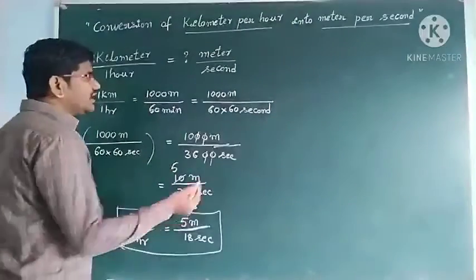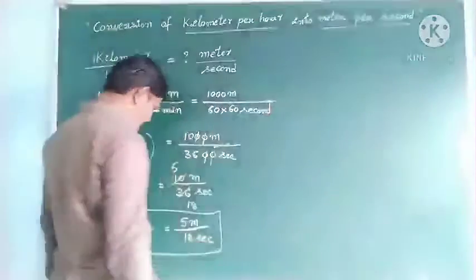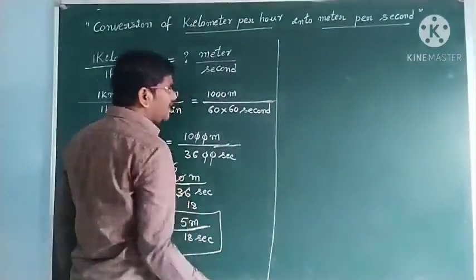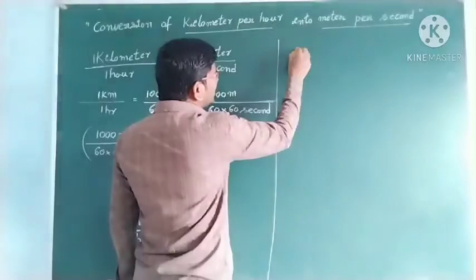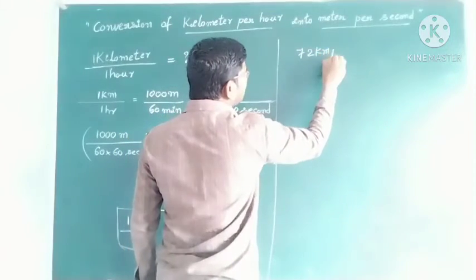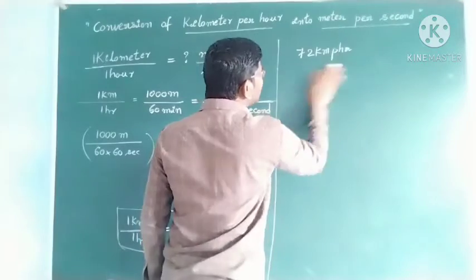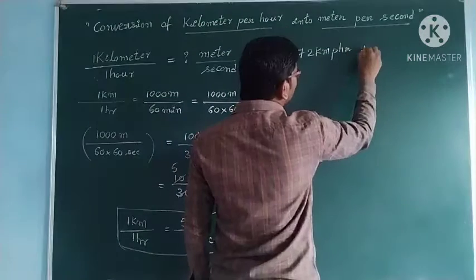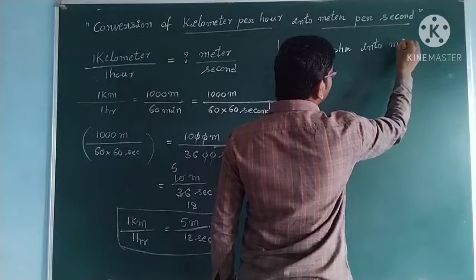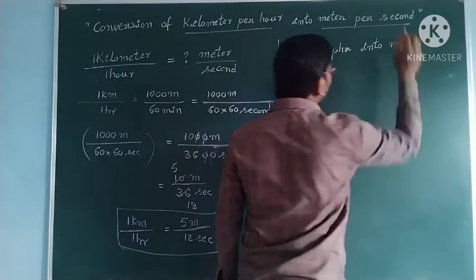Okay, and the next one is, for example, I have given 72 kilometer per hour. 72 kilometer per hour into meters per second I asked. How many meters per second?